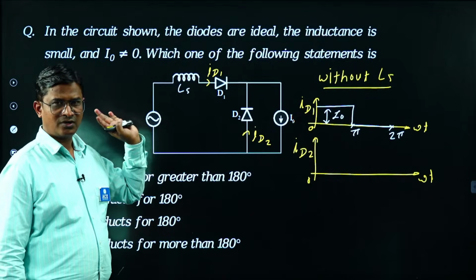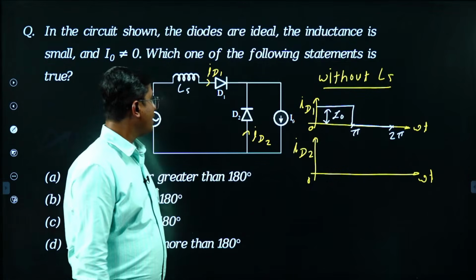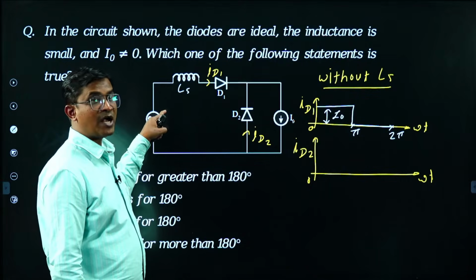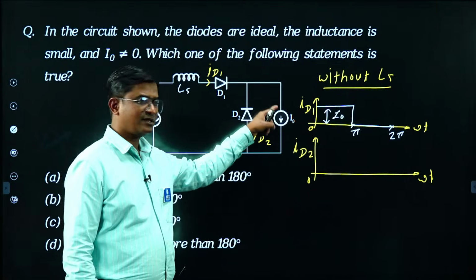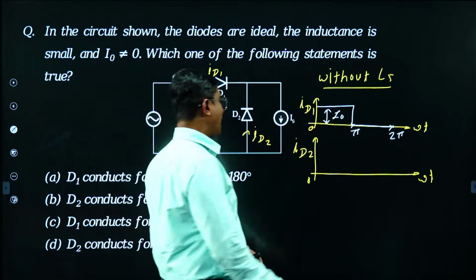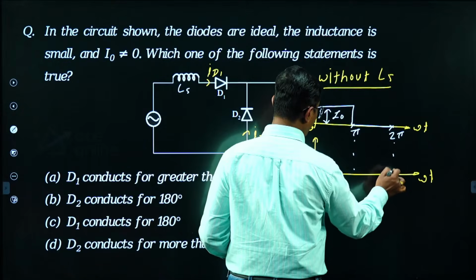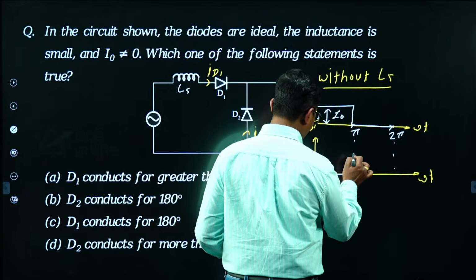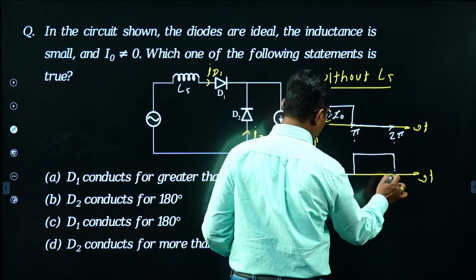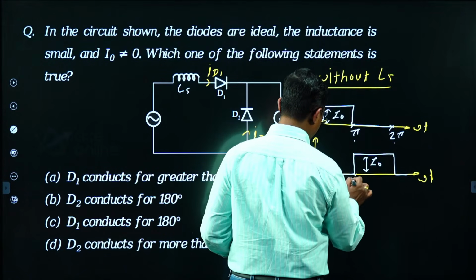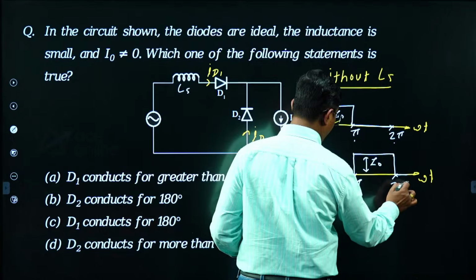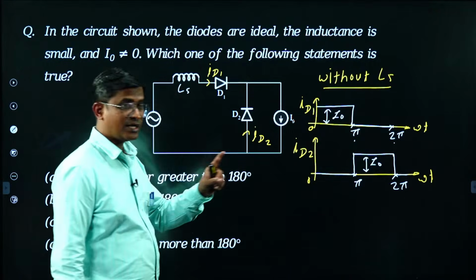ID1 equals I0. When the supply voltage is negative, that is pi to 2 pi, this diode will turn off and the load inductor will discharge like this. So ID2 will be I0 during pi to 2 pi. This is my ID2 waveform, this is pi and this is 2 pi. Now tell me, this is without LS.